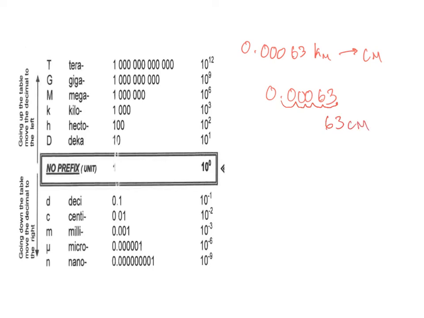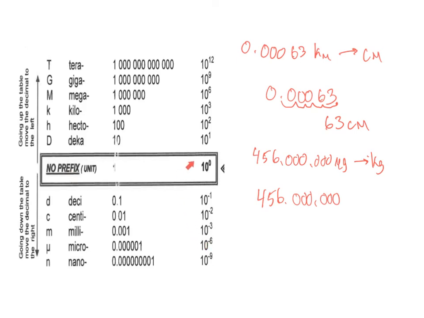For a final example, let's say we want to convert 456 million micrograms over to kilograms. We see that first moving from micro to our base unit will be 6 decimal places.